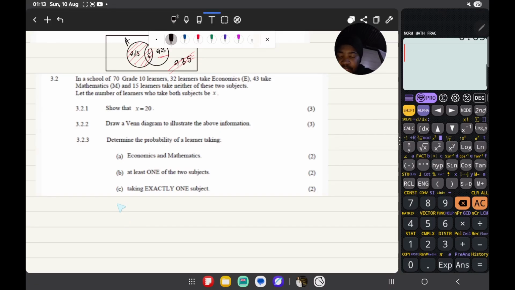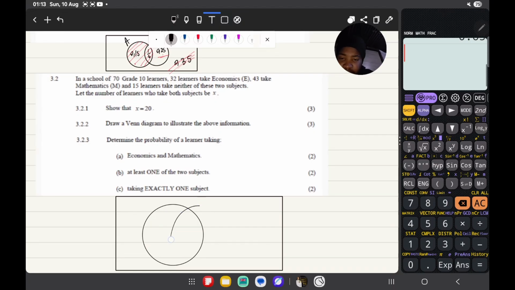I'll just do a smaller Venn diagram with my two events. Not a perfect circle. Cool. What I know is that the number in the intersection is X, right? I have economics and mathematics, and they tell me that S is 70. That's the number of learners I have.